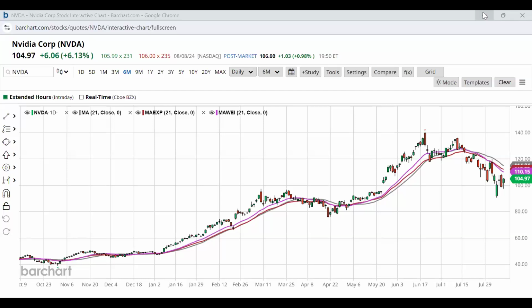I'm taking an exponential moving average, same 21, on 21. I had taken a simple moving average on 21 and an exponential moving average on 21, and now a weighted moving average. Yeah, this is the weighted moving average.